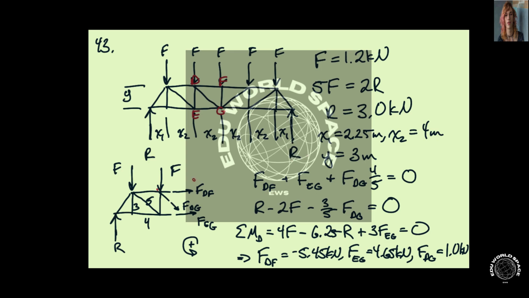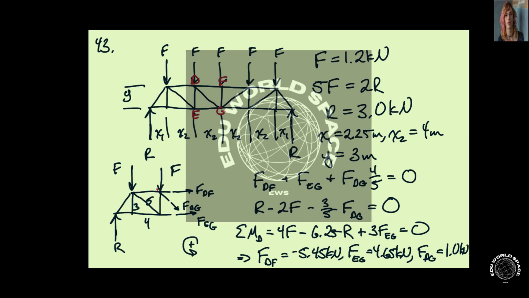And so when we cut this, now we expose these three extra forces, FDF, FDG, and FEG. And now if we do force and moment balances, in the X direction we have FDF plus FEG plus the X component of FDG, which is 4/5 FDG.